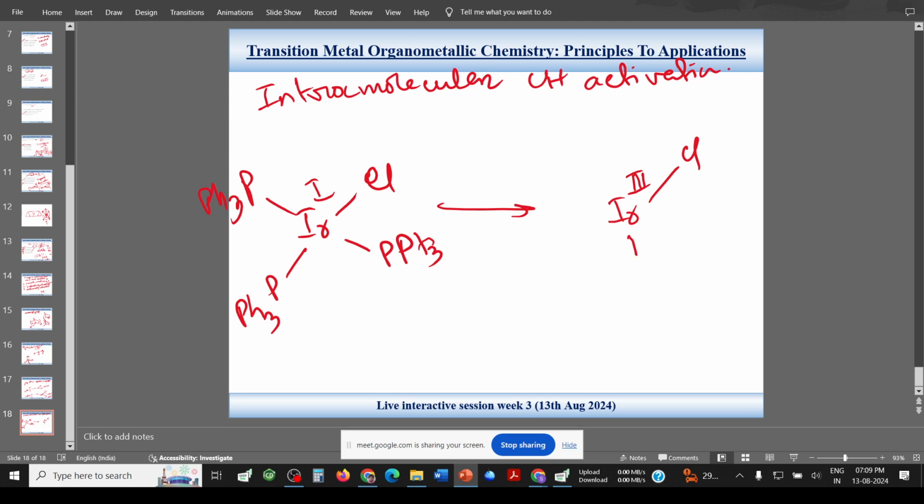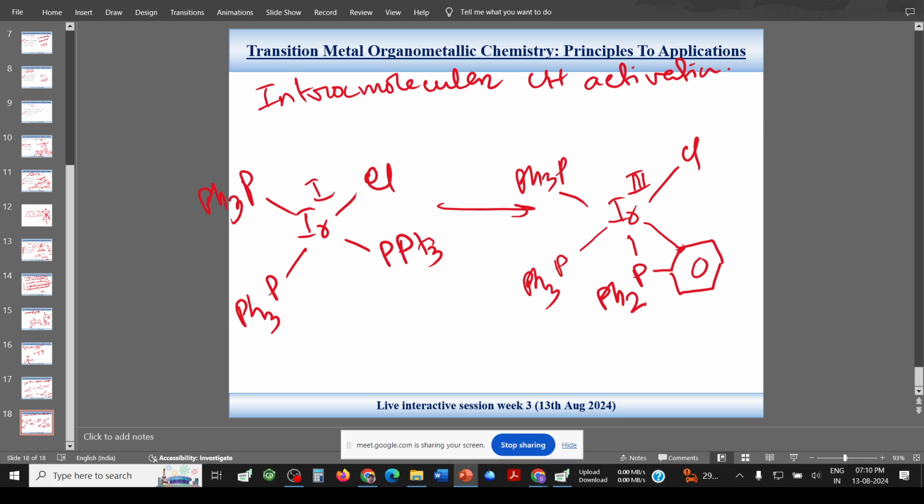Here we have PPh2, and another phenyl ring undergoes activation to give this. The other PPh3 remains the same. So this is the activation of the CH bond of one of the phenyl groups to give the sigma alkyl complex. When this group is activated, we can further modify it to different value added products.